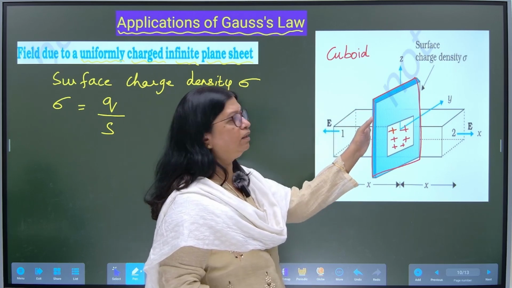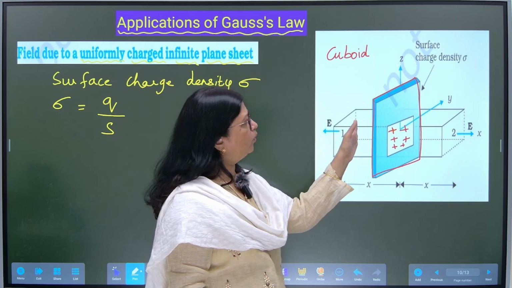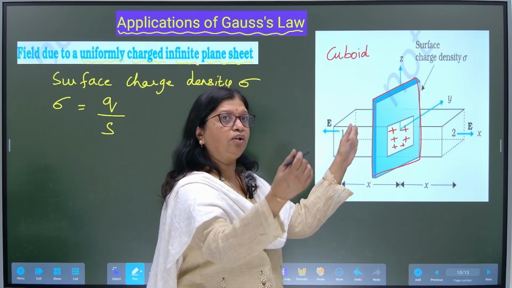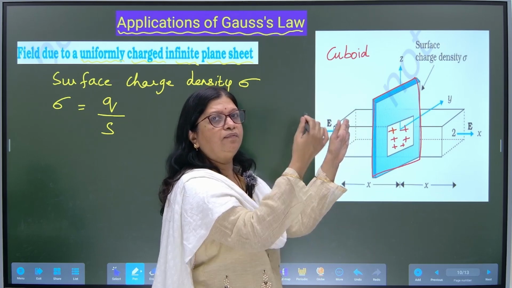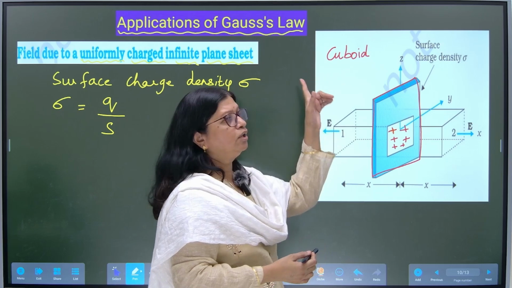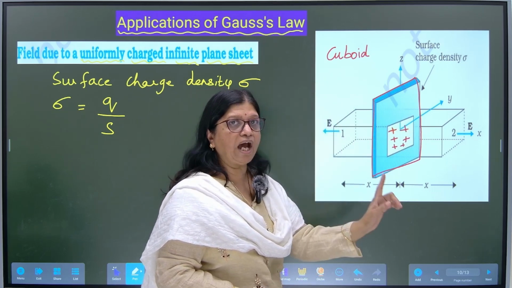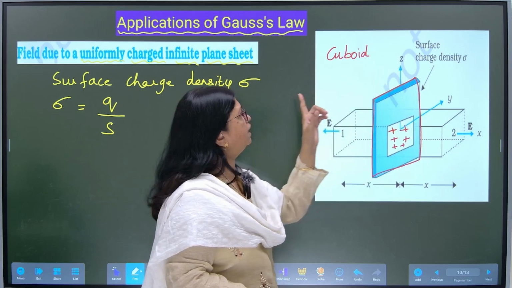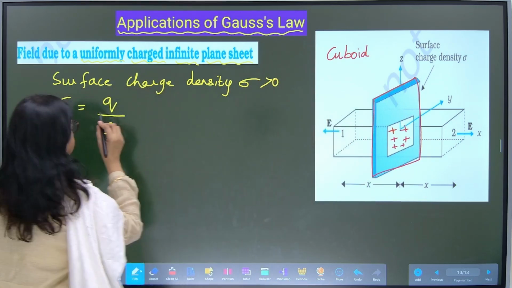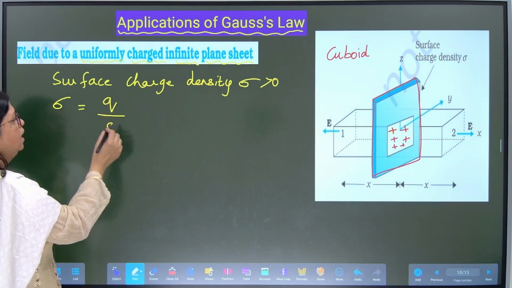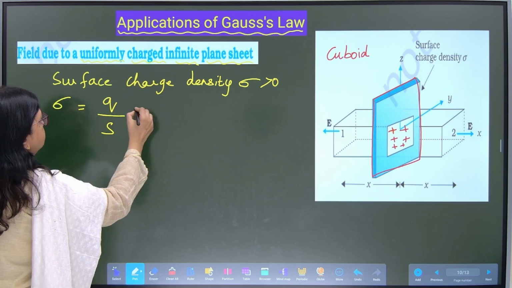The charge density of the surface is sigma greater than 0, where sigma is equal to charge per area of that portion which we have considered.